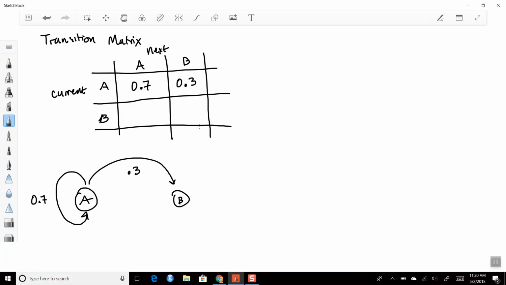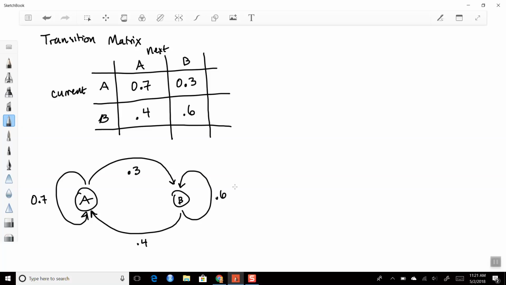And then if we're at B, we can go over to A, or we could end up back at B. I don't know, what should I say? The probability of going from B to A, we will say is 0.4 and 0.6. Okay, is that all right?